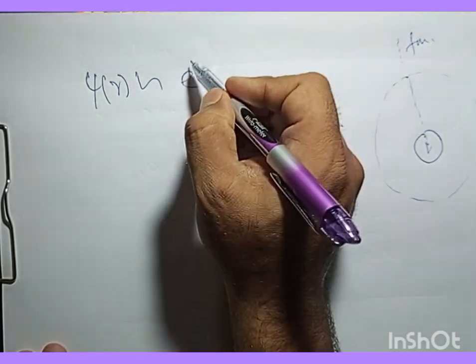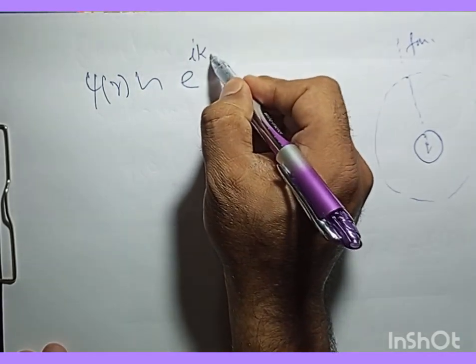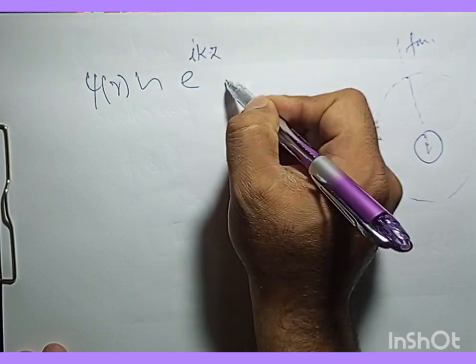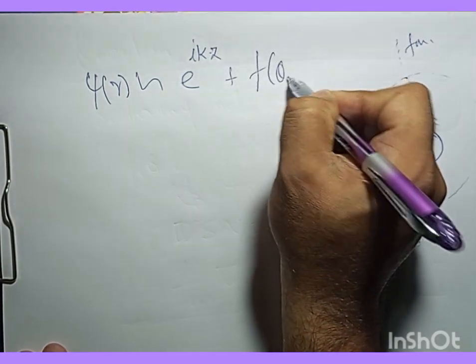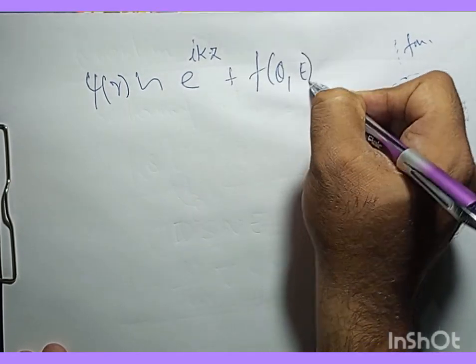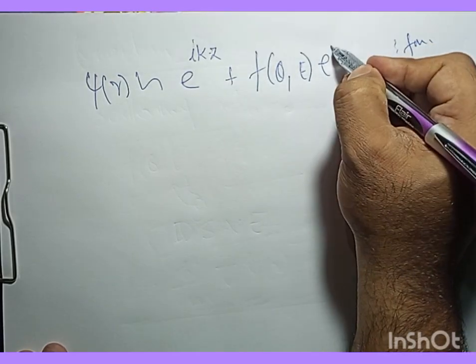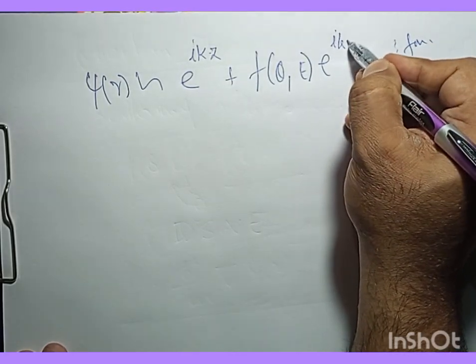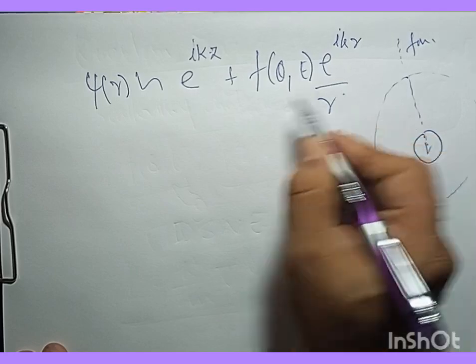If I assume that there's a direction z, it is e to the power of i k z plus f of theta e to the power of i k r divided by r.